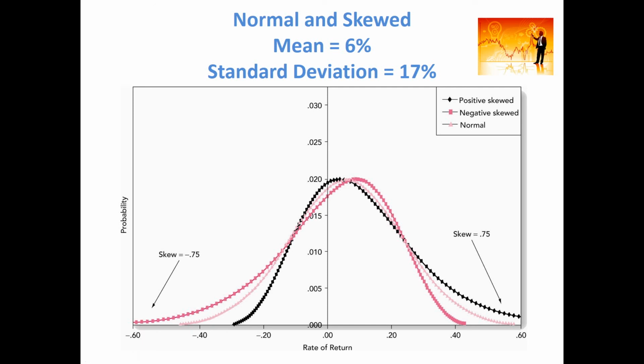So what is the implication of this skewness for portfolio investment? The implication is the investor will like a positively skewed distribution. Investors will get higher utility from a positively skewed distribution because there is a chance of higher positive returns without a corresponding negative return.